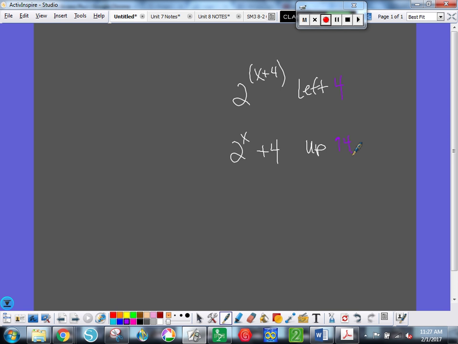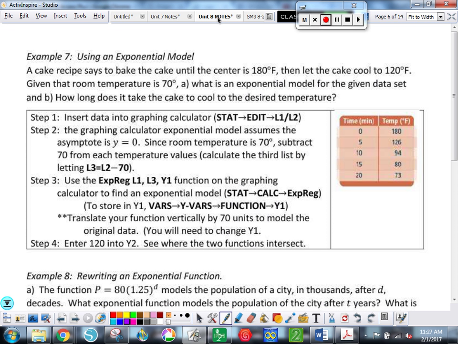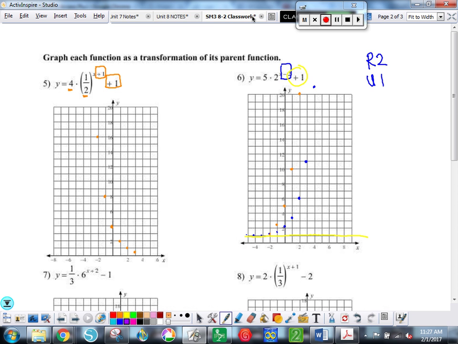So going back to our homework, all of these dots need to move. This is with the x, right? So that's left 1, and this one's on the outside, so it needs to go up 1. So I'm going to take each of these points that I already have, move them left 1, up 1, and this is my actual function.